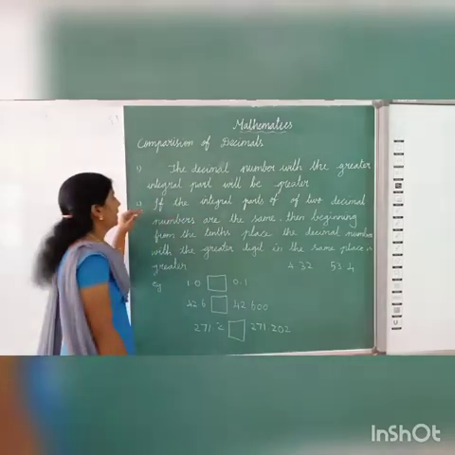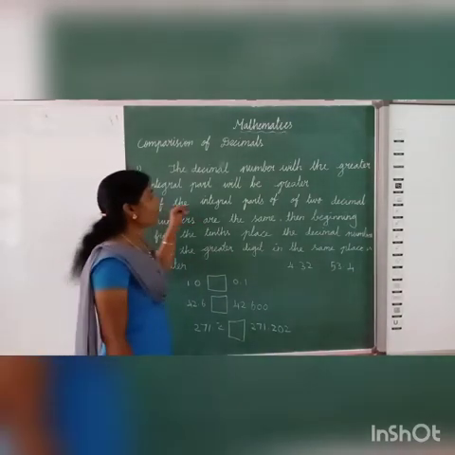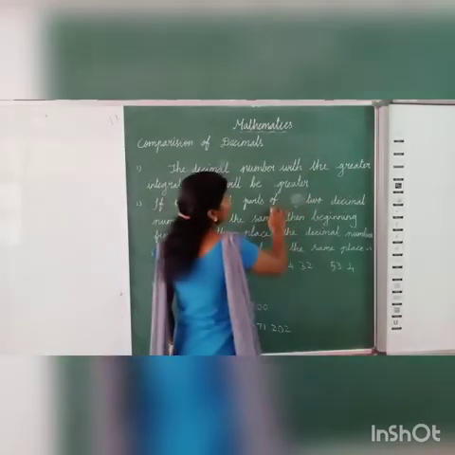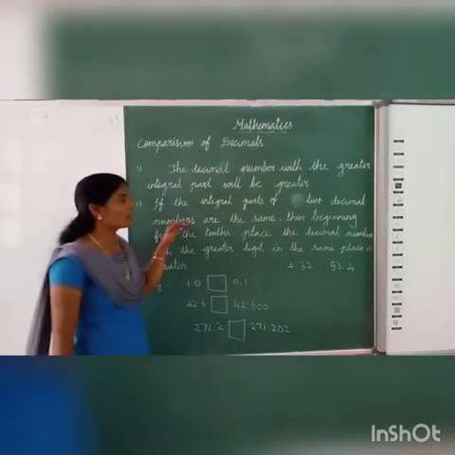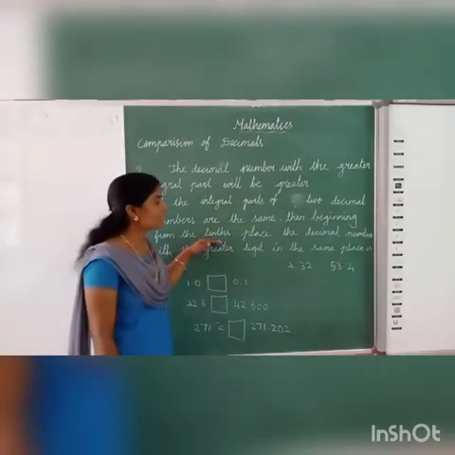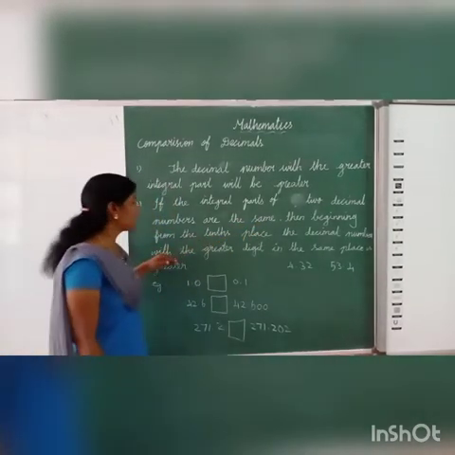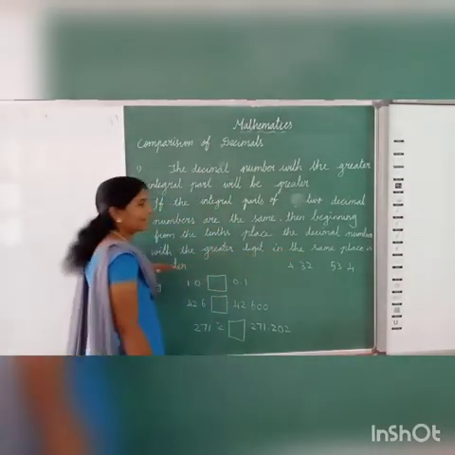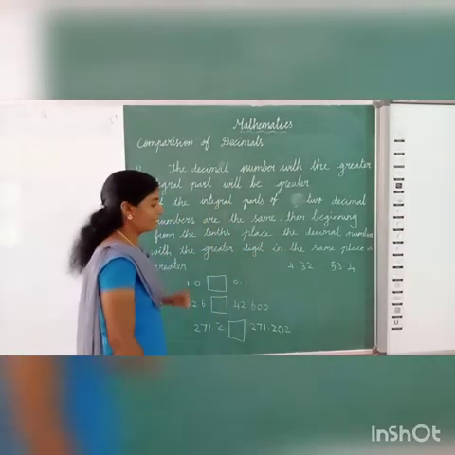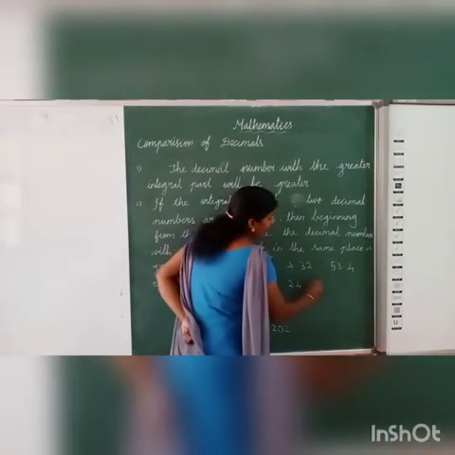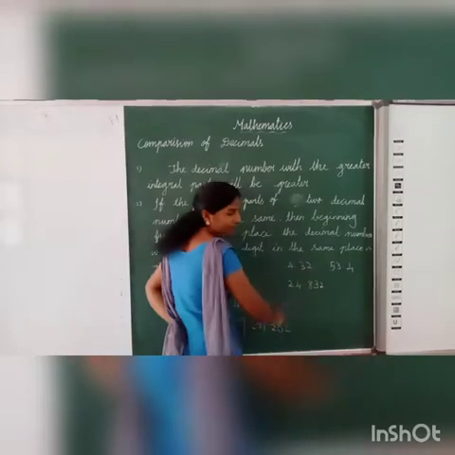Okay, then second point, if the integral parts of two decimal numbers are the same, then beginning from the tenths place, the decimal number with the greater digit in the same place is greater. For example, here 24.832.